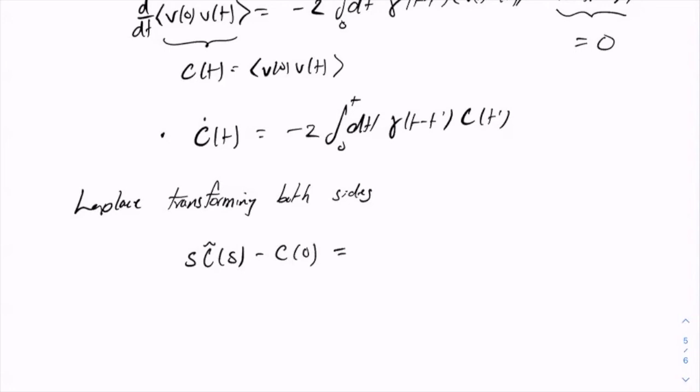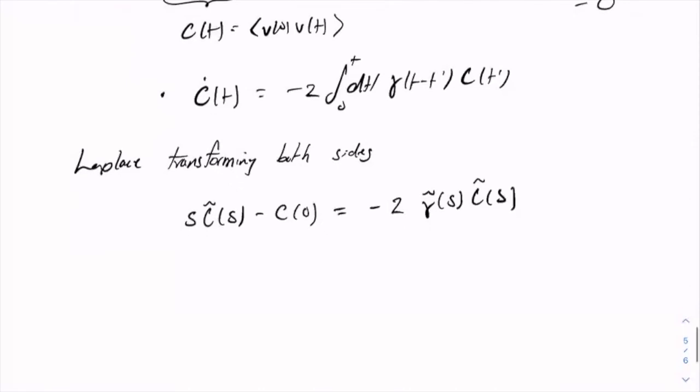We can use the convolution theorem to pull out the Laplace transform of the friction kernel and independently the correlation function. In which case now we have a simple linear, algebraic equation that we can solve, giving us that the Laplace transform of the time correlation function is just its initial condition in real time divided by s times twice the Laplace transform of the friction kernel.